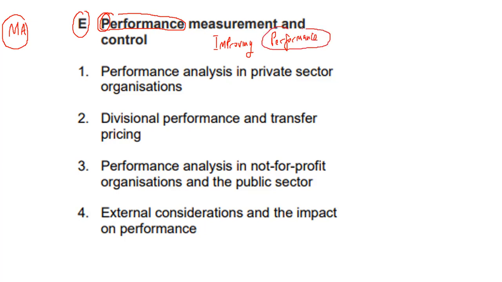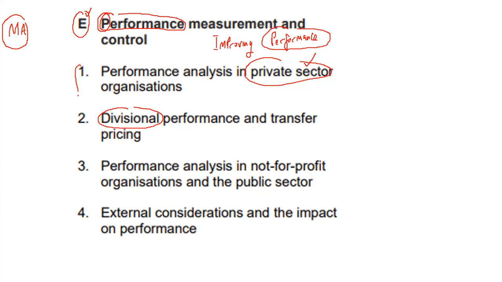Now, one area of the syllabus where the concept comes out very prominently is in area E. So what is area E all about? Area E is about private sector organization performance. Now, the private sector organization performance does extend also the concept of divisional performance.